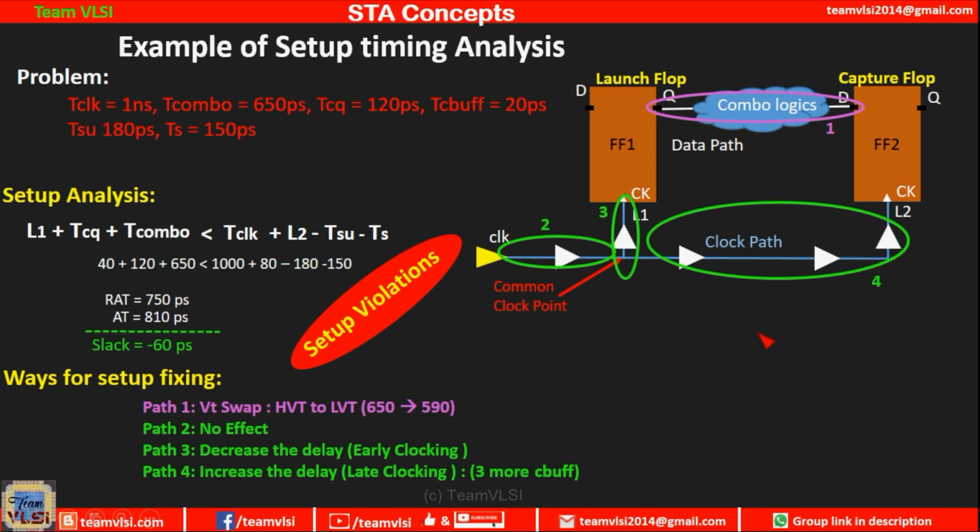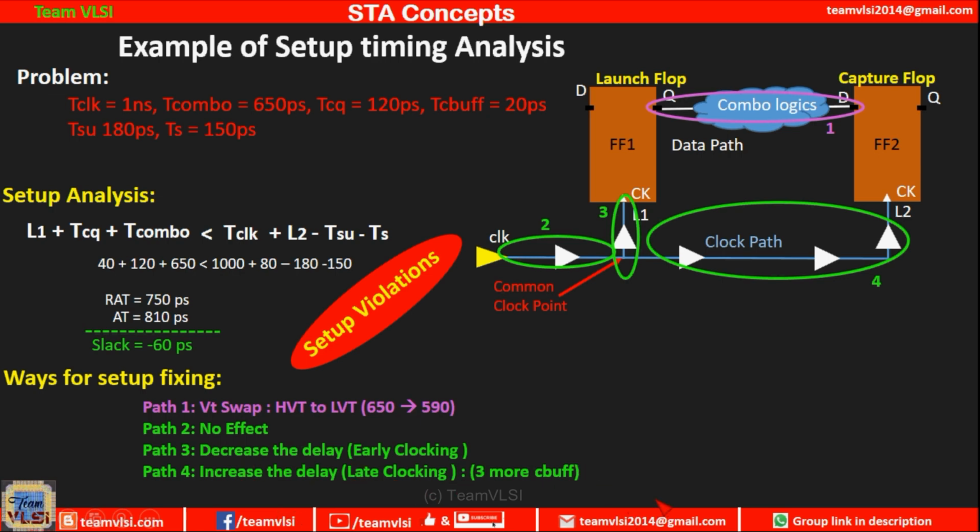So it will help. And here we can see that 20 ps is 1 clock buffer's delay. So if we add 3 clock buffers in this path, it will solve our problem and fix the setup timing. But be very careful while doing early and late clocking. You cannot do early or late clocking blindly.